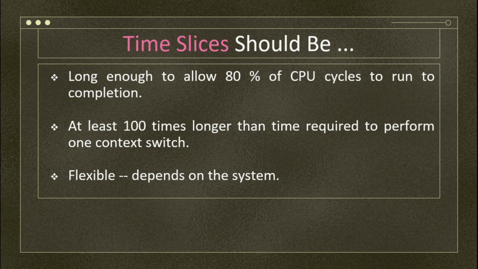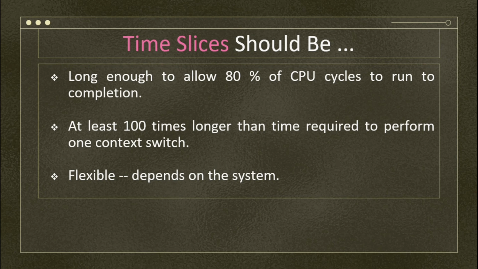Time slices should be: 1. Long enough to allow 80% of CPU cycles to run to completion. And number 2, at least 100 times longer than time required to perform one context switch. And the last one, flexible, depends on the system.